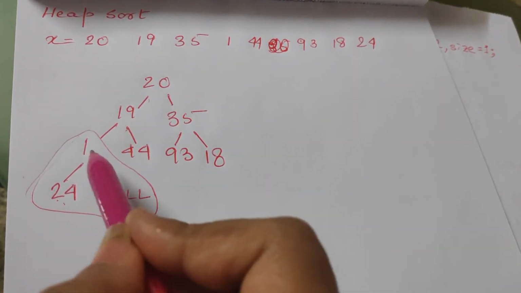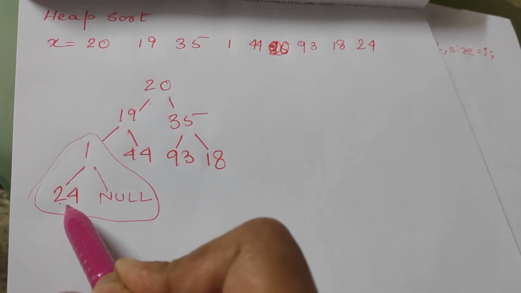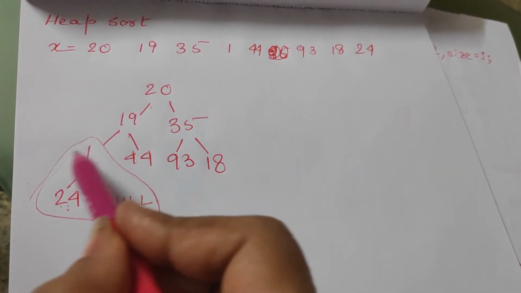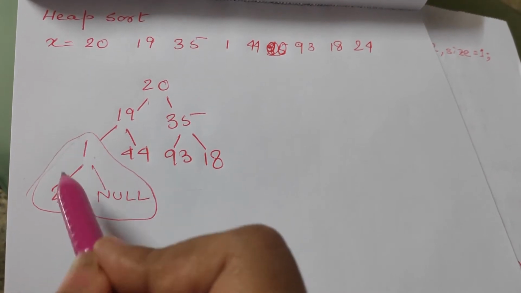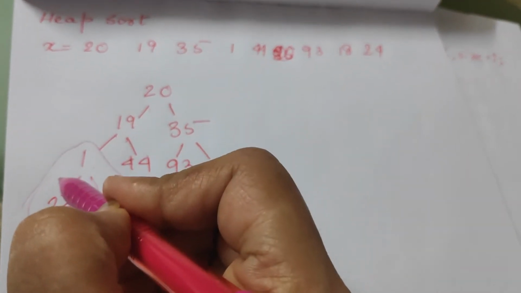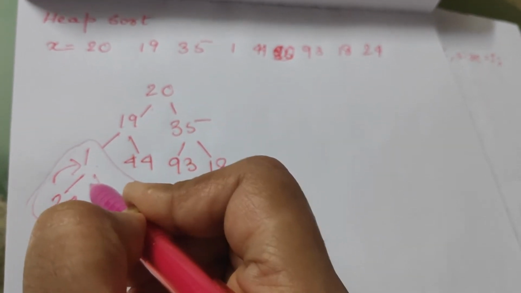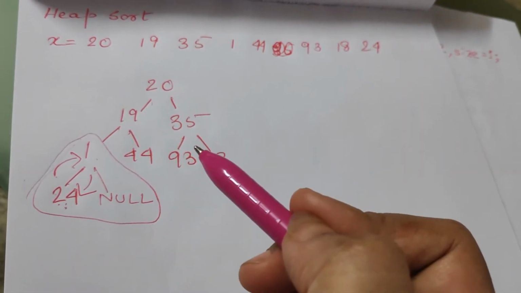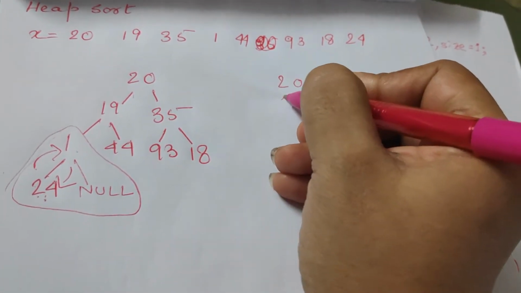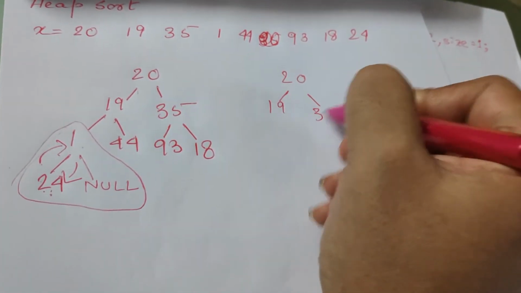In these 3 nodes the maximum value is 24. So the parent is lesser than 24. So this is not maintaining the rule of the max heap. So we will swap these 2 numbers, and after swapping we will get the tree which would look like this.